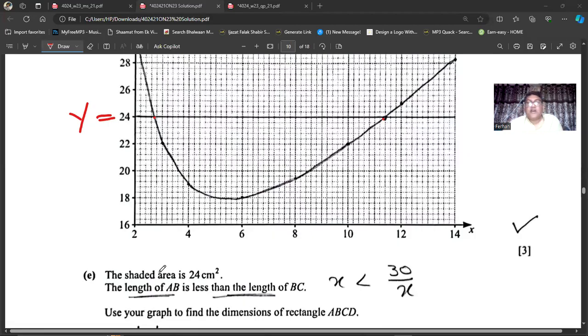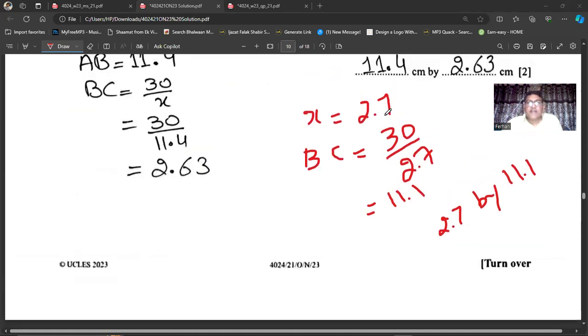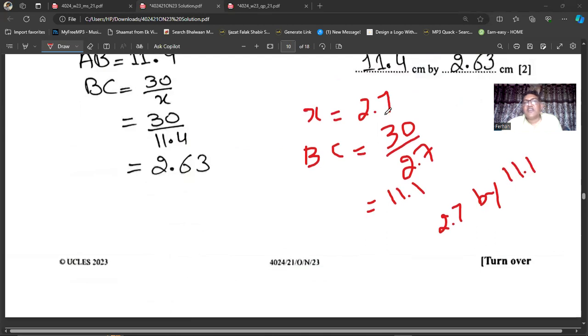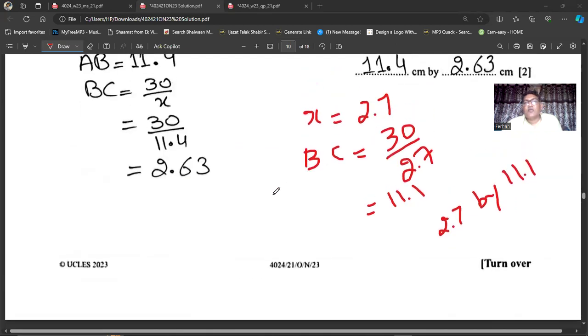You can see y equals 24 cuts that graph here. So the value of x here is 2.7, and the value of x here is 11 point, this is 11.4.